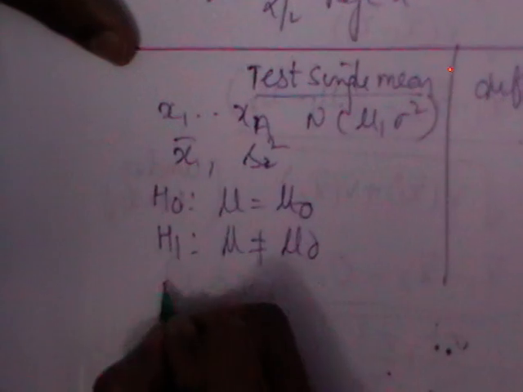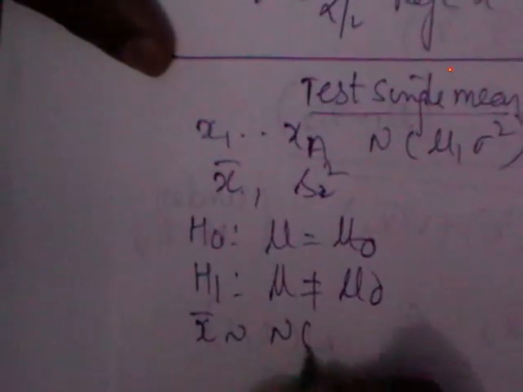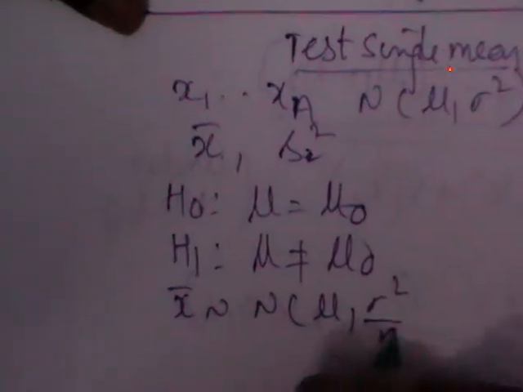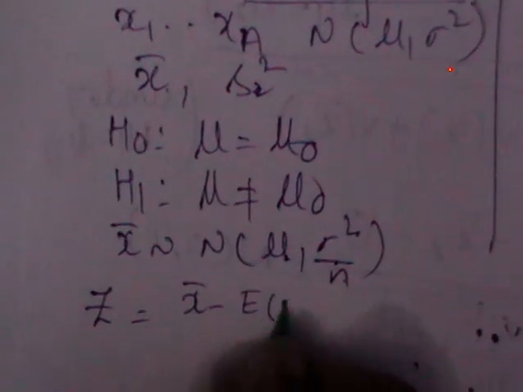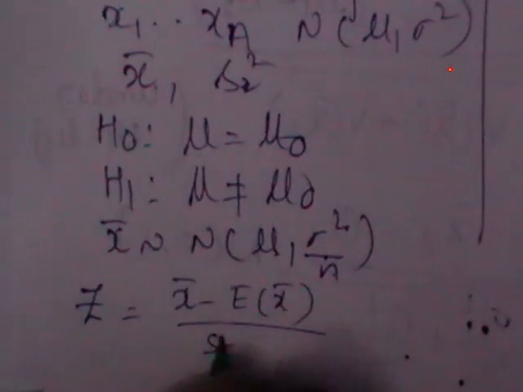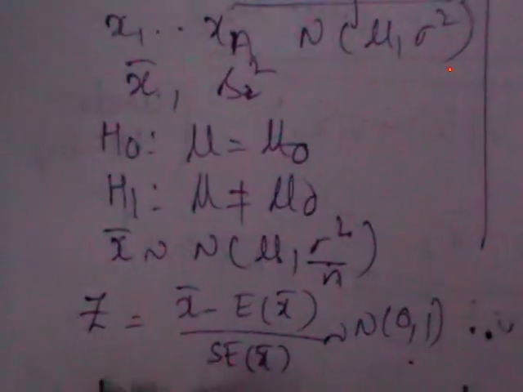As this is for a single mean, you will write the distribution of x bar using the standard error, with mean mu and square of the standard error, using the central limit theorem. X bar minus E of x bar by SE of x bar follows N(0,1). The decision you know: mod z greater than z alpha by 2, reject; otherwise accept.